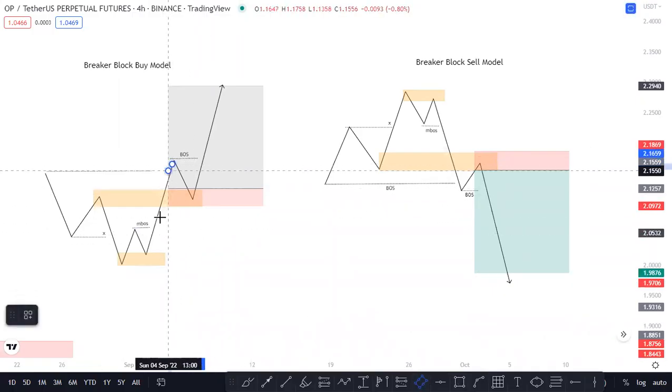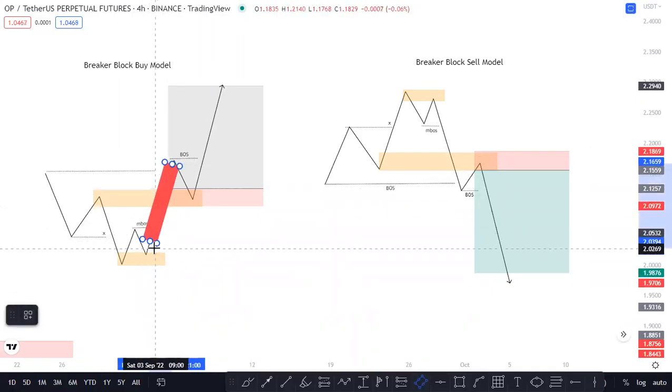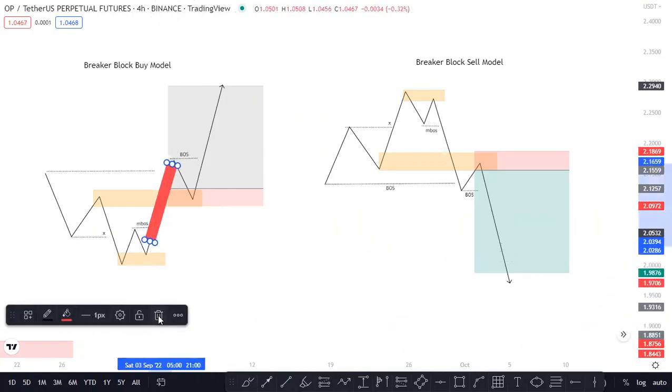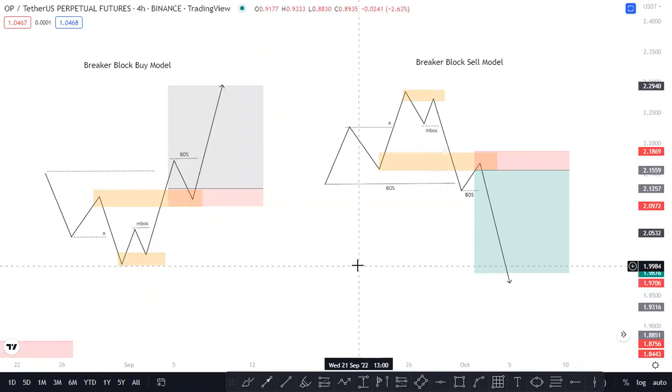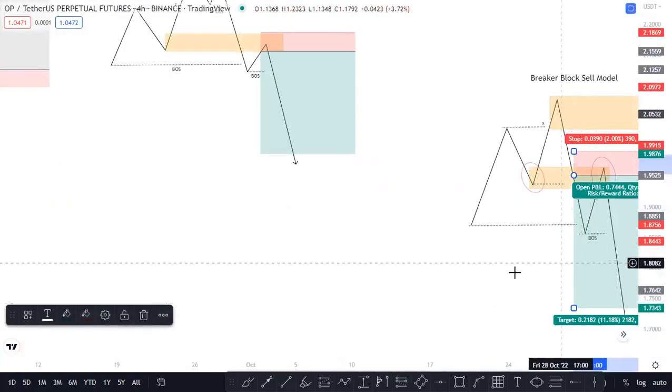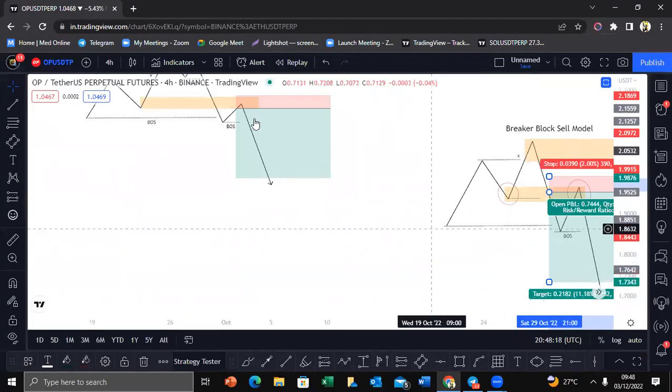You need to see a very big violation of that trend, and then price coming back to retest that supply zone as a bullish breaker block and then buying to the upside, right? So, sorry, let me get something back.